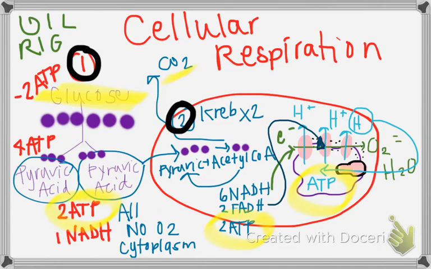And so when the electrons go down, FADH only produces 2 hydrogens, so it only makes 2 ATP. So look down here at this side. NADH makes 3 ATP, and FADH makes 2 ATP. Alright, so hopefully this was helpful. Go ahead and get out cellular respiration part 3 notes, and we'll start there.